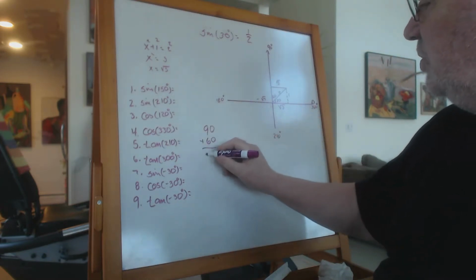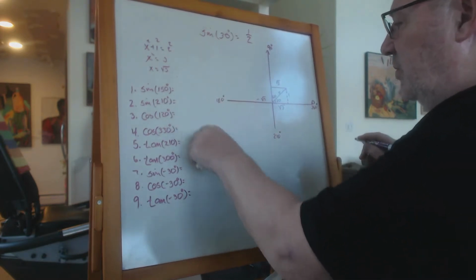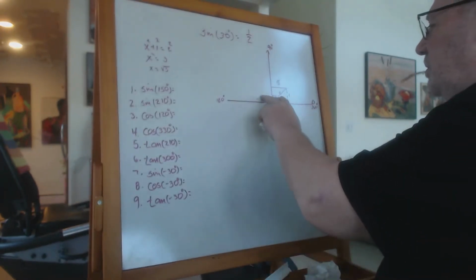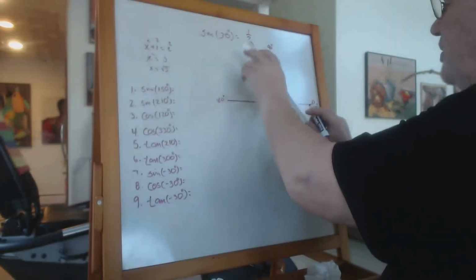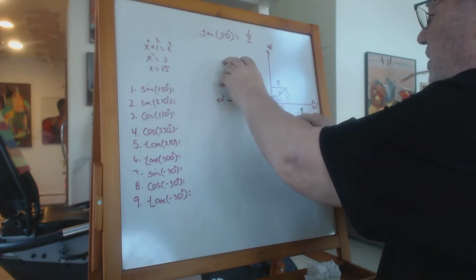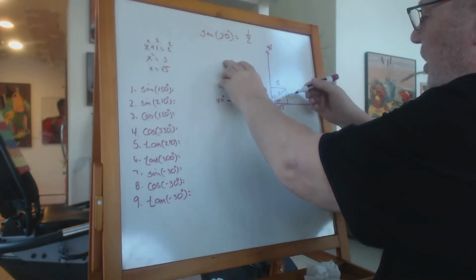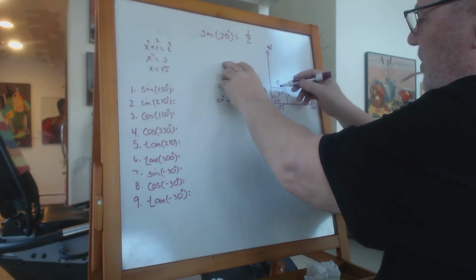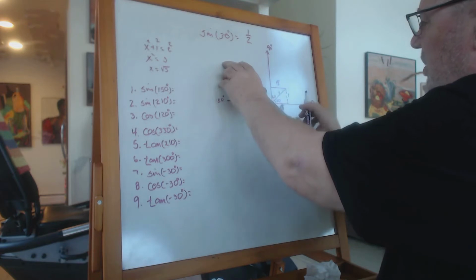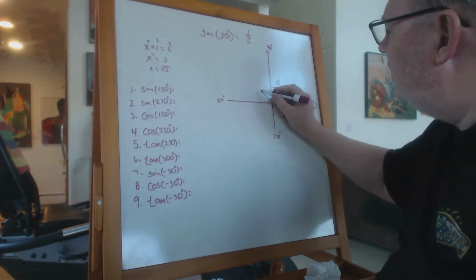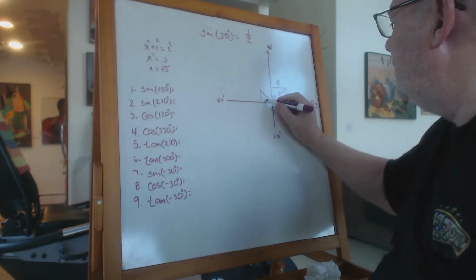So that's 150, and that would yield a mirror image of what we've got here, with an angle of 30 there.